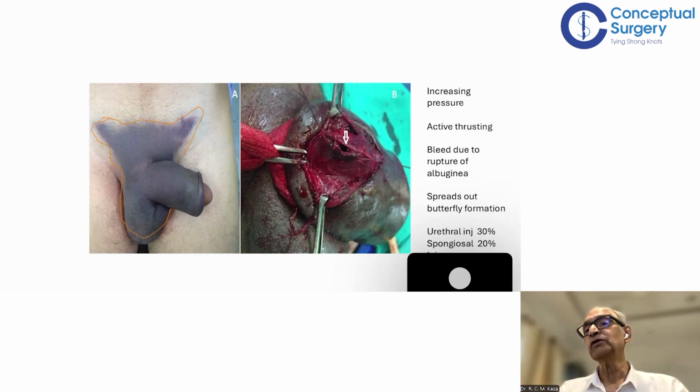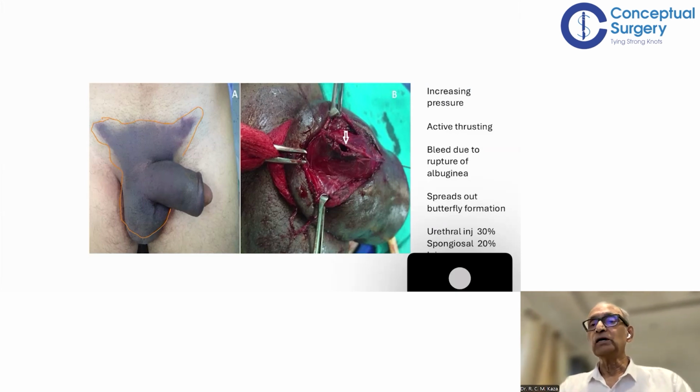And then this is a situation where we are operating to drain the hematoma. We will talk about this particular slide later on when we talk about the treatment and operation, etc. Now, what actually happens? What is the pathophysiology? We will discuss in more detail as we come to another slide. But basically, because of the process of active thrusting and encountering an obstruction, either the symphysis pubis or the perineum, the pressure within the corpora cavernosa increases, and that will burst the albuginea.